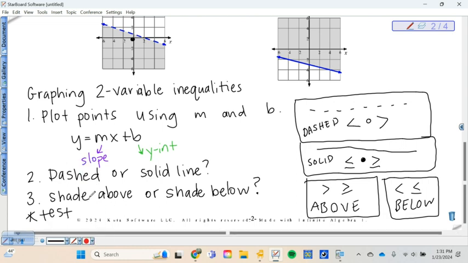You can test 0, 0, usually, by plugging in that first number for x, second number for y, and you can do that testing to find the solution set. Okay, we'll do some practice with this in just a sec.